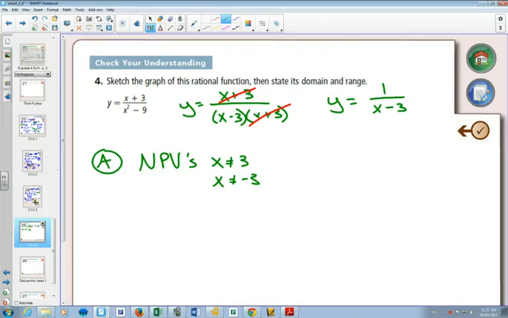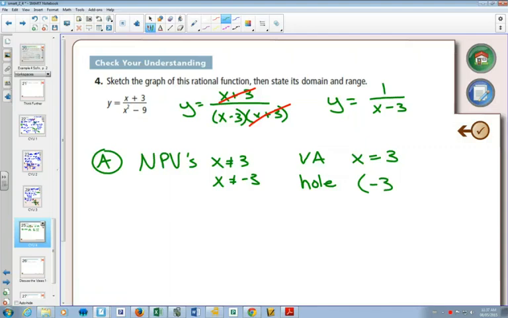That means that the x plus 3 is going to be a hole, and the x minus 3 is going to be a vertical asymptote. So at x equals 3, that's a vertical asymptote, because that's still a non-permissible value that didn't get canceled out. But at x equals negative 3, that's going to become a hole or a point of discontinuity. And we know the x-coordinate of that hole is negative 3.